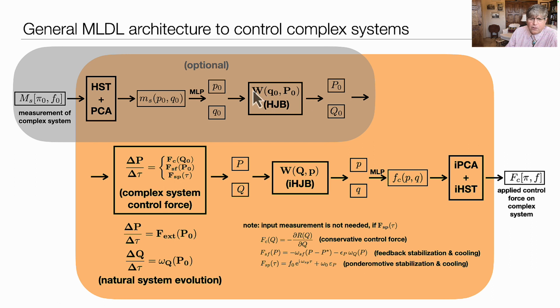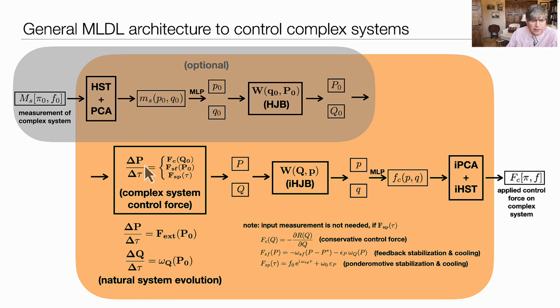You then transform that into the capital PQ domain. If it's a control back force, you now know and can determine what the force is that you need to apply, or what the increment should be, or the action that you should take.